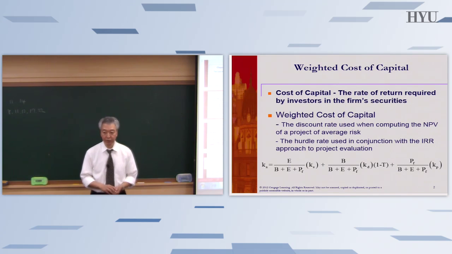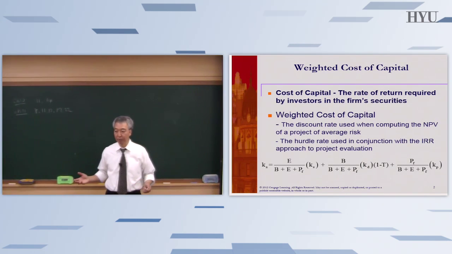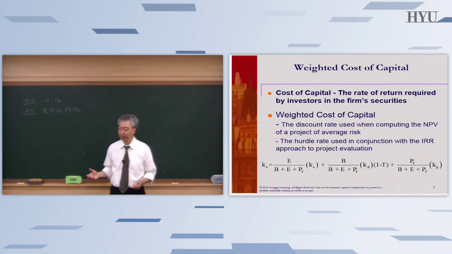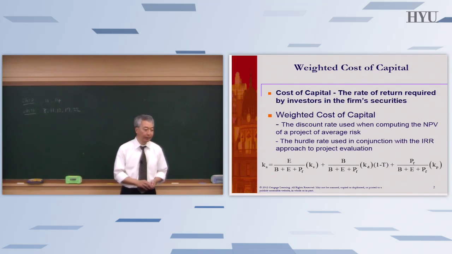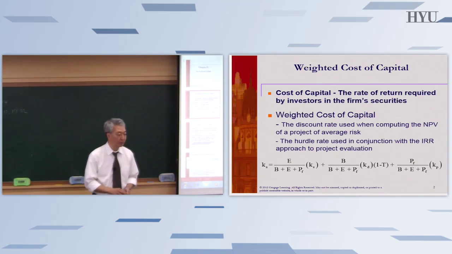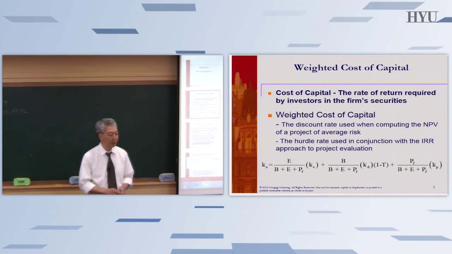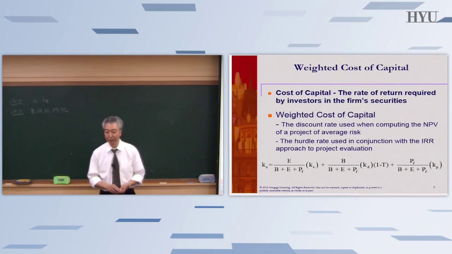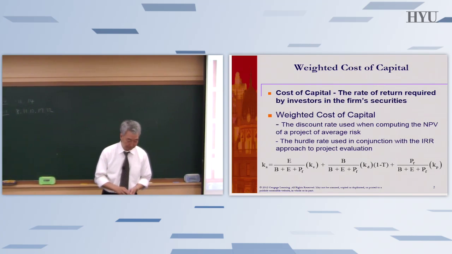So what that means is in whatever project you invest your money, you have to earn at least as much as the market interest rate. Do you understand that concept, right? Well, but now we are trying to refine that analysis and make our analysis a little more sophisticated, and more professional, technical, right?